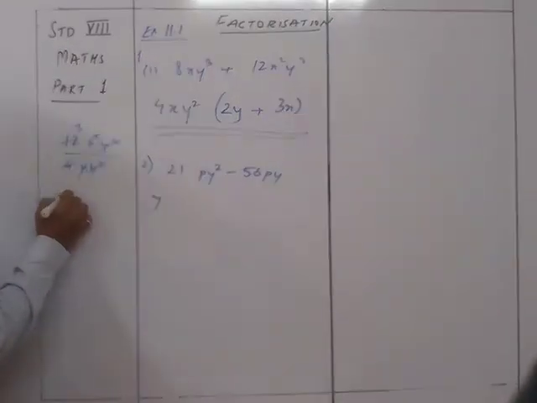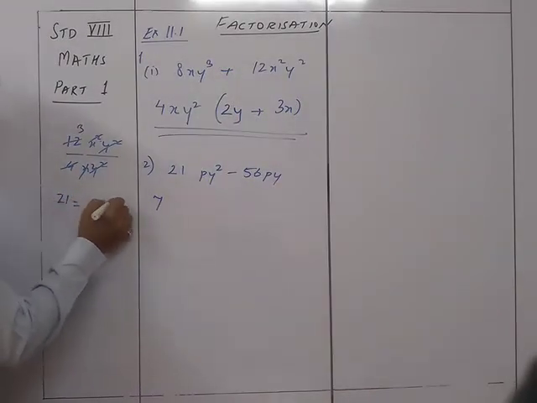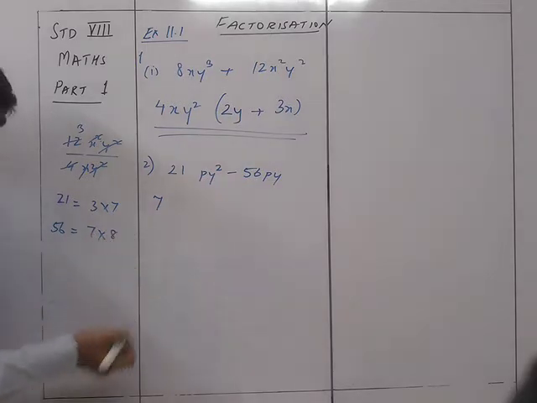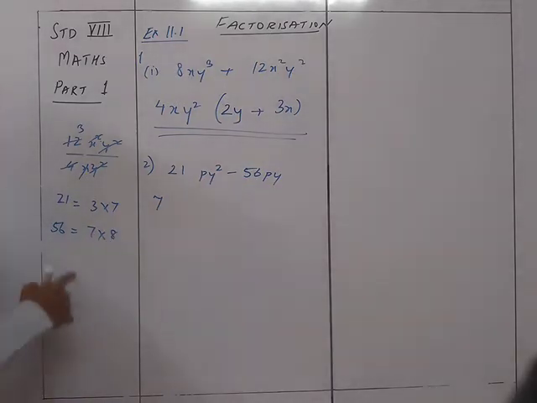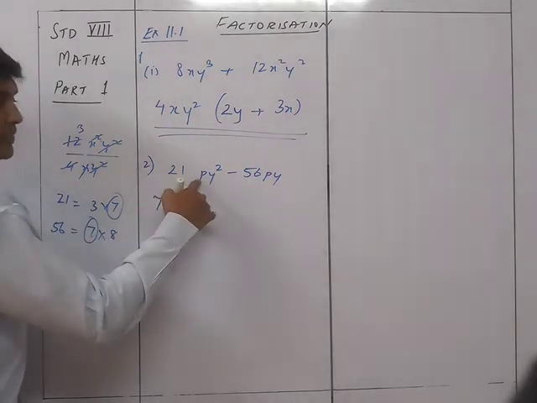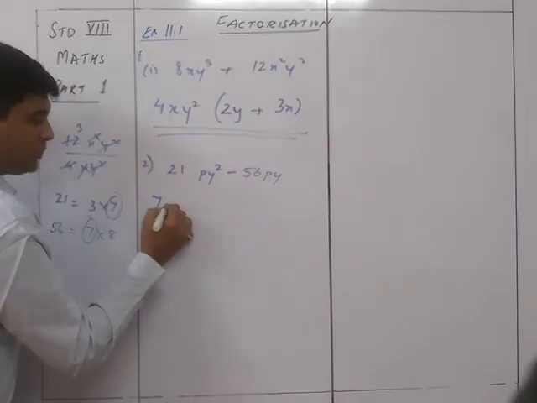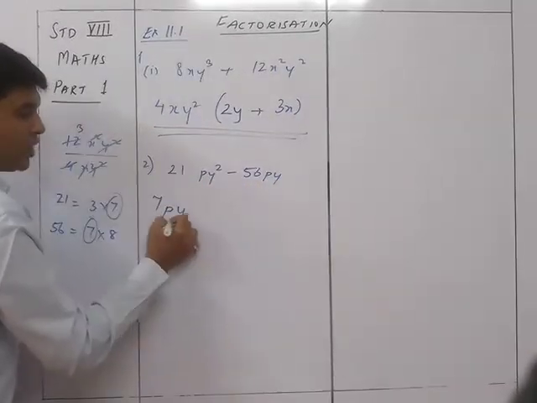Because 21 is nothing but 3 into 7, where 56 is equal to 7 into 8. So 7 is the common thing between the two. Between py square and py, p and p are the same, so p is common. y square and y, y is common.